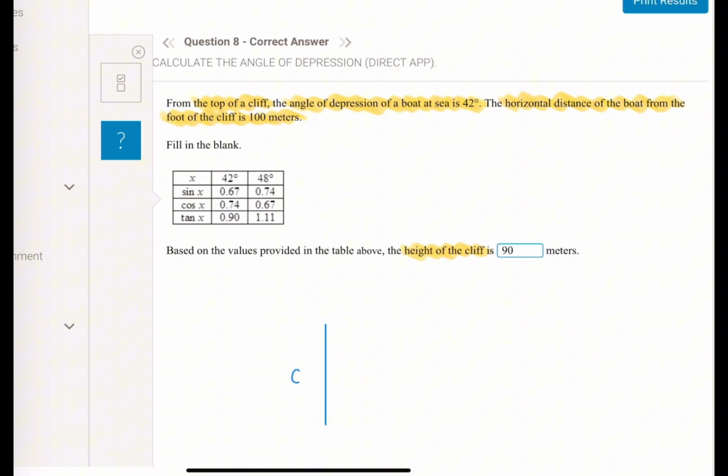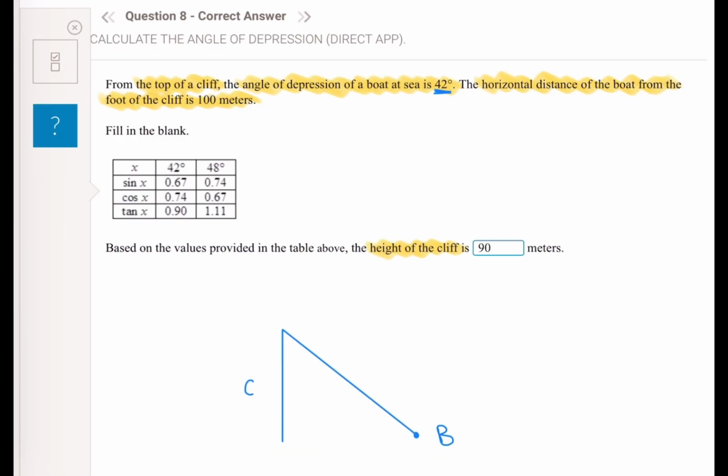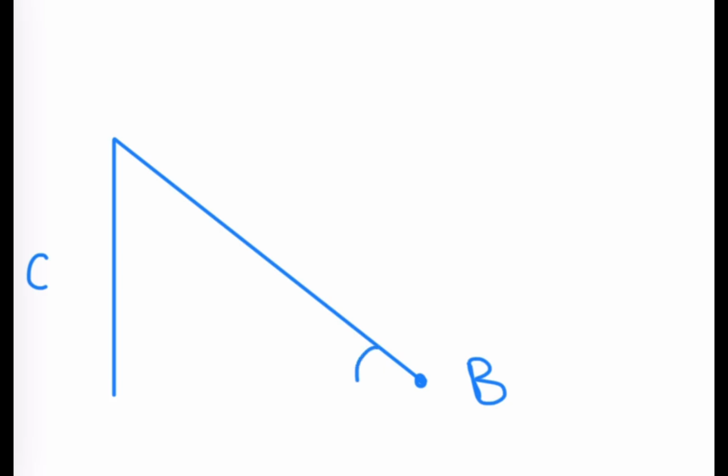And now we're gonna draw the boat over here, which we're gonna call B. They told us that the boat is at an angle of depression of 42 degrees, so this angle, 42 degrees.